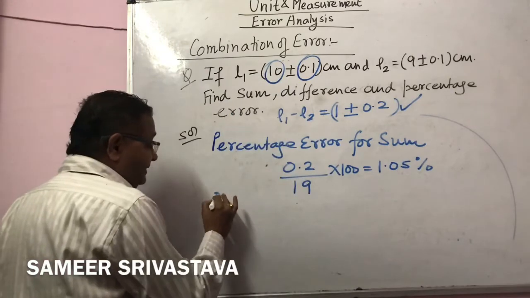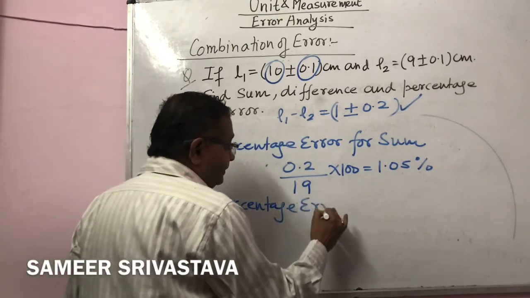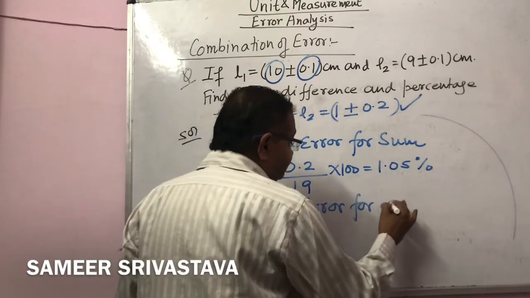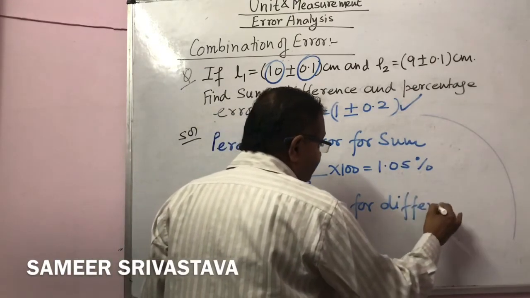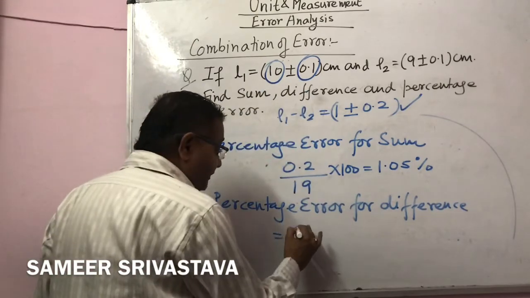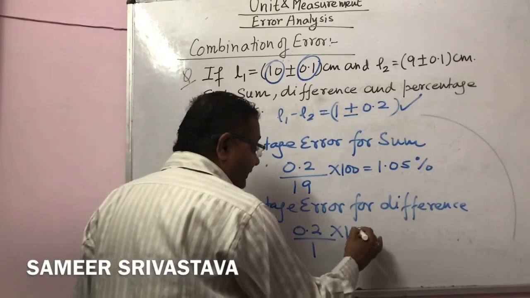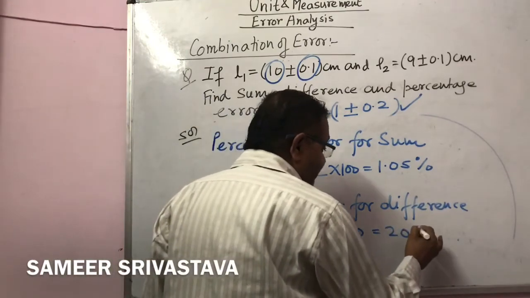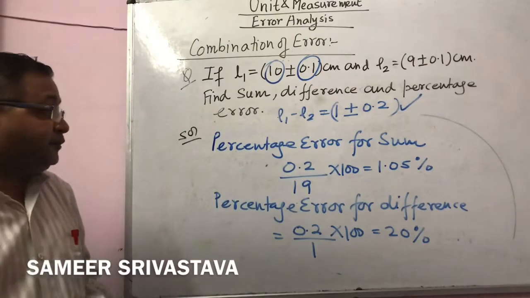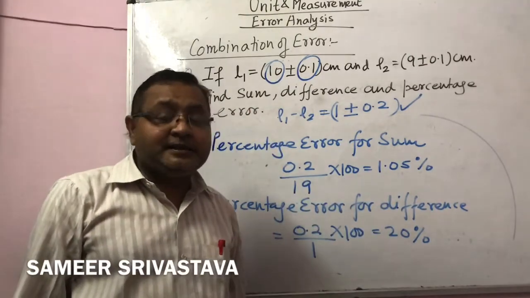Okay, percentage error for difference, right? Absolute value 0.2, accurate value 1, multiplied by 100. This is 20%. So the error for the sum is 1.05% and in the case of difference it is 20%.